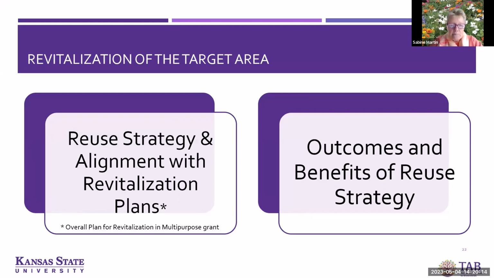In the case of the multi-purpose grant, it's the alignment with the overall plan for revitalization. And then, of course, the outcomes and the benefits of that reuse strategy. Why are you doing that? What good is it going to be? What is the end goal here? Next slide, please.